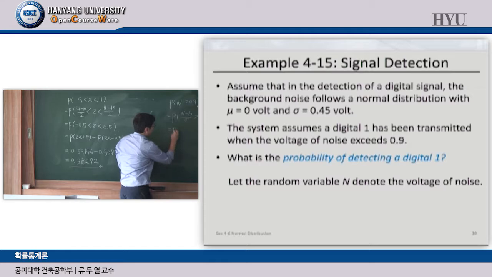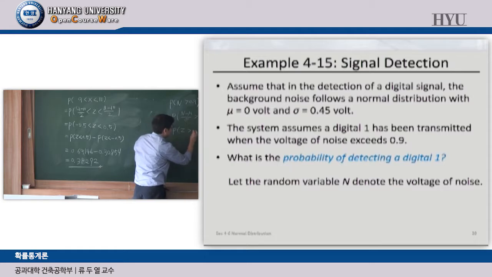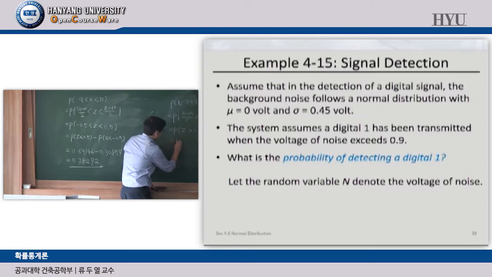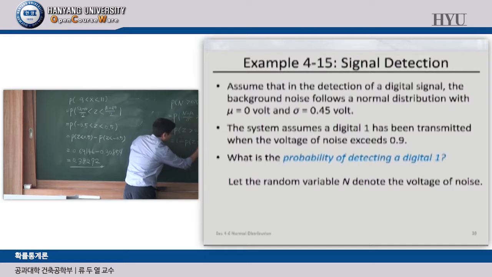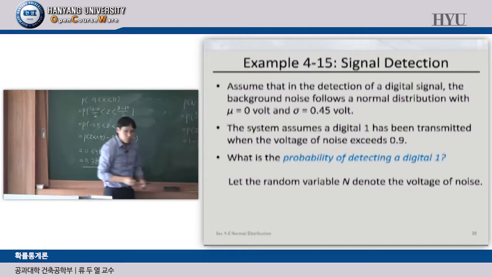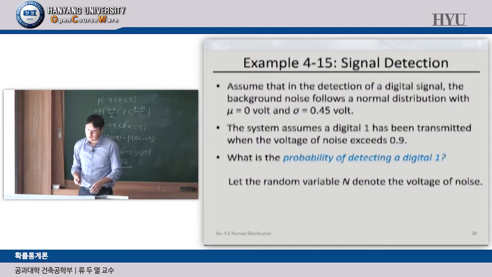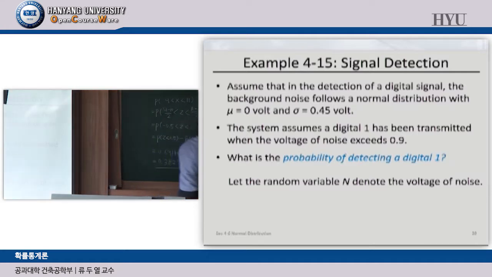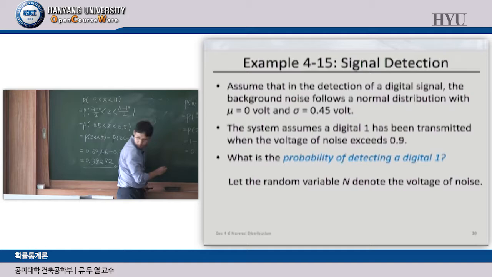So this can be the probability that the normal random variable z is larger than 2. So this will be 1 minus the probability of z smaller than or equal to 2. So the answer will be 0.0225.